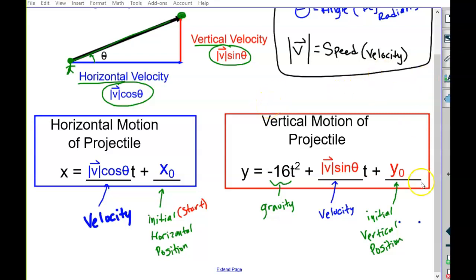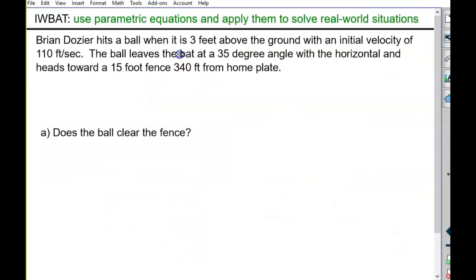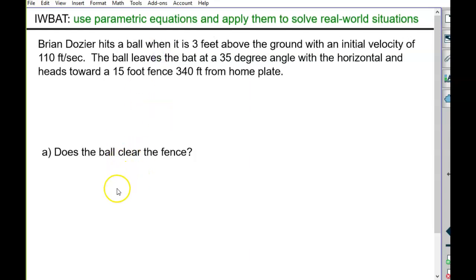Okay, so let's look at how we apply these to context. You don't have to write all of this down. We're going to draw a picture just to make it make sense, and that way you don't have to write a full paragraph. And then we'll just identify the key pieces that we have. So, Brian Dozier, baseball player for the Twins, since retired. He didn't always play for the Twins, but he hit the ball when it's 3 feet above the ground.